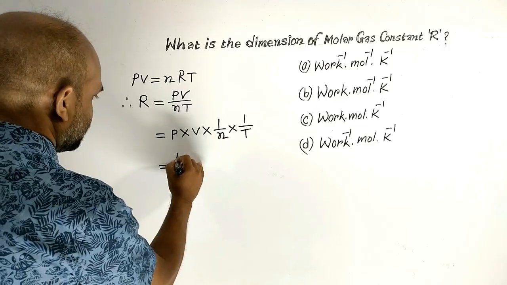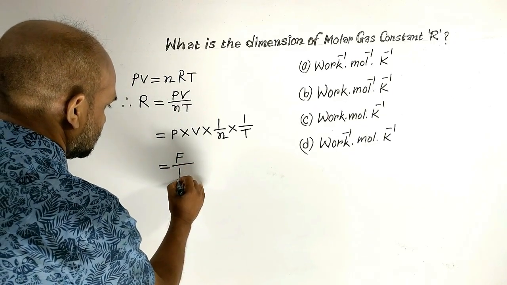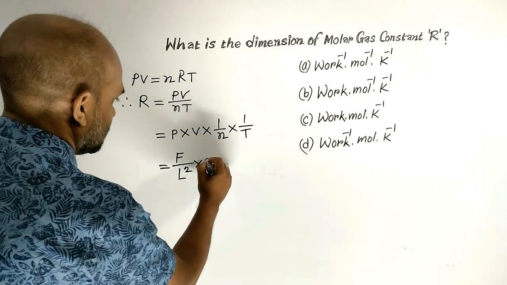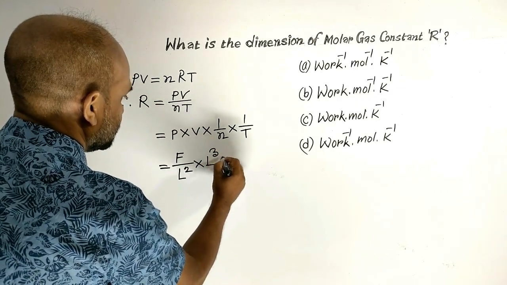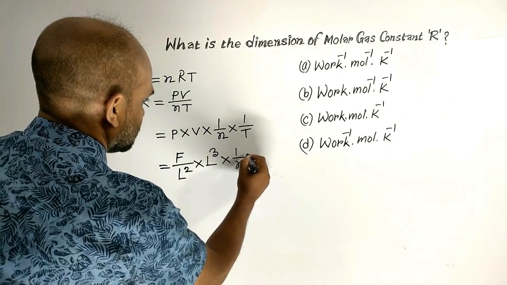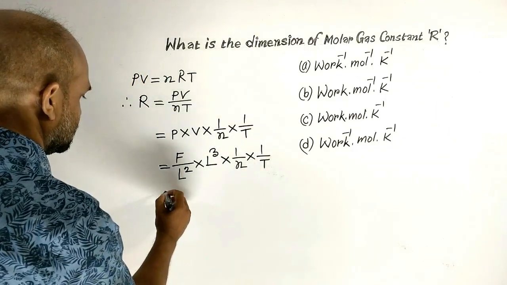Pressure is force per unit area, that is force by length square, times volume, length cube, times 1 by number of moles, times 1 by Kelvin temperature.